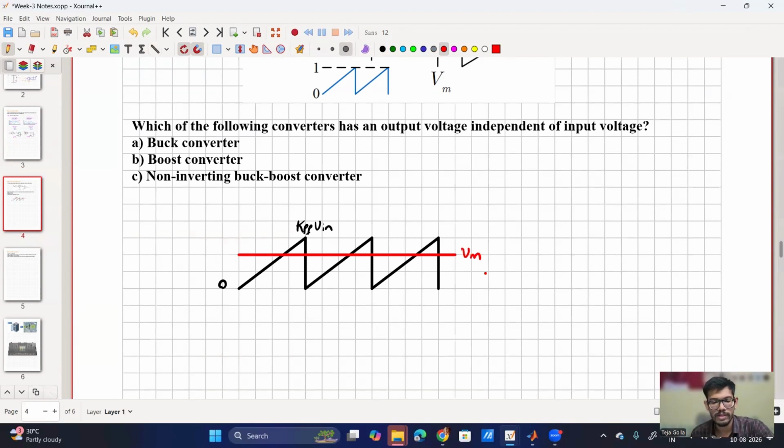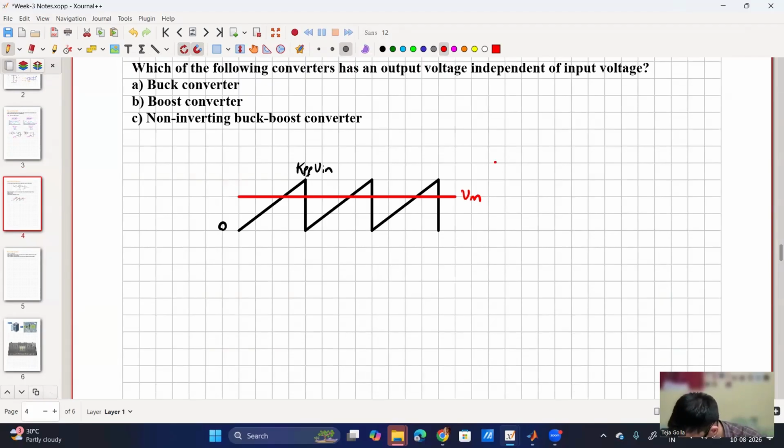From this, what will be the expression for the duty ratio, anyone? If I'm generating the output of this, what will be the duty ratio value for this set of voltages? So this is the duty ratio, right?